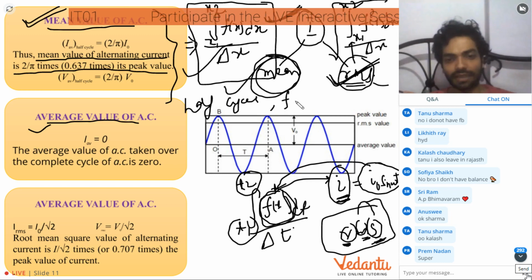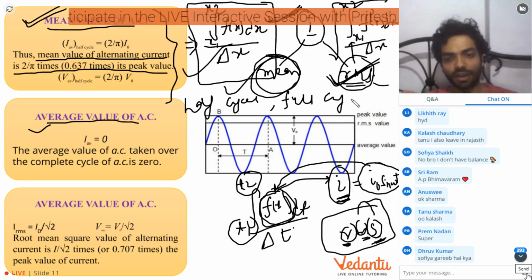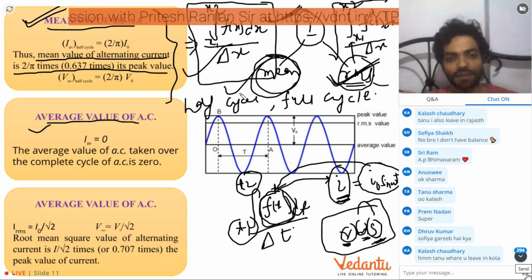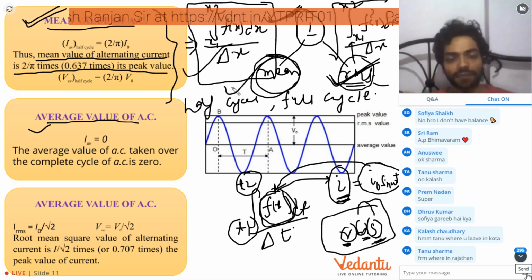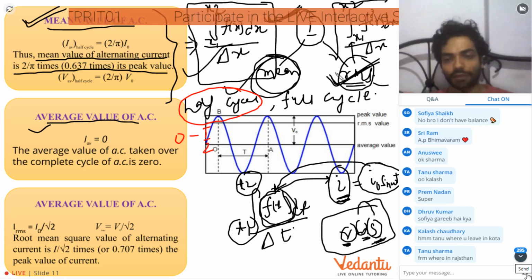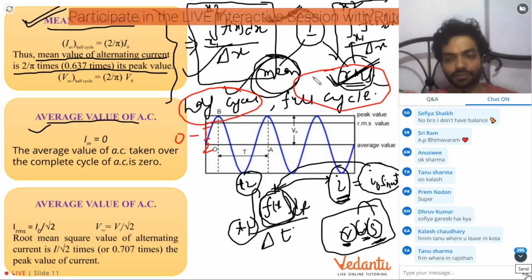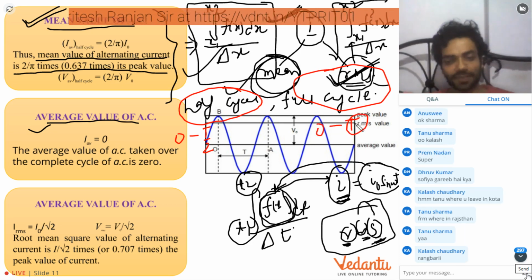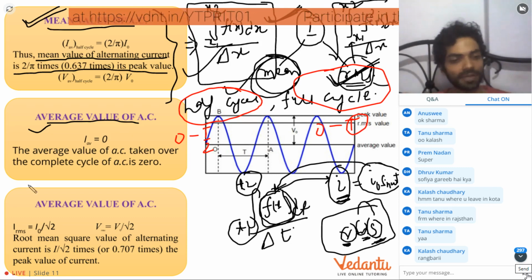Within half cycle, your change in time will be from 0 to T by 2. And over full cycle, the time will be from 0 to T. T is basically one cycle; T represents the time taken to complete a cycle.